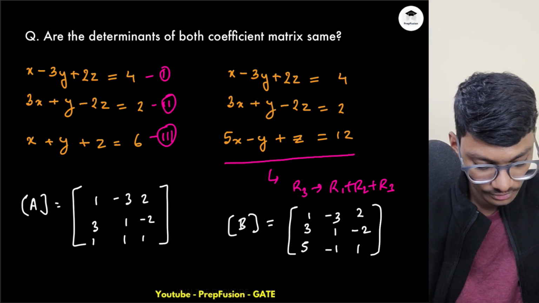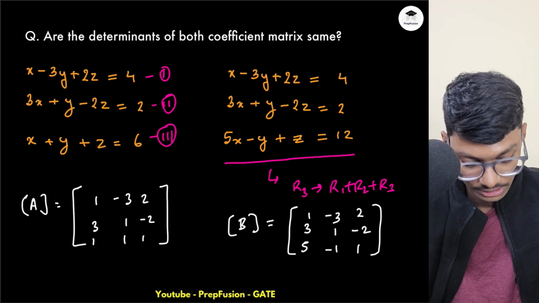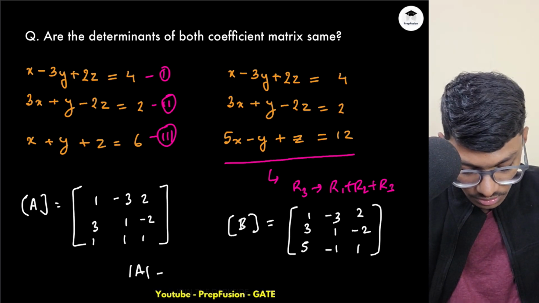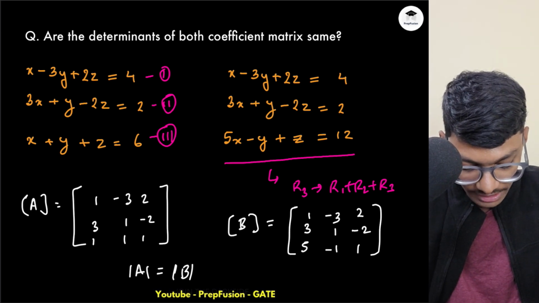Now if you compute the determinant, you will see that determinant of A equals determinant of B. So this is a valid simultaneous operation.